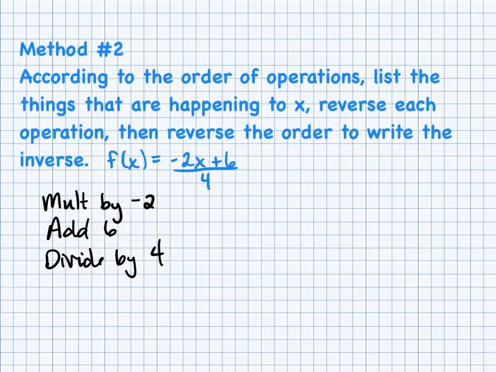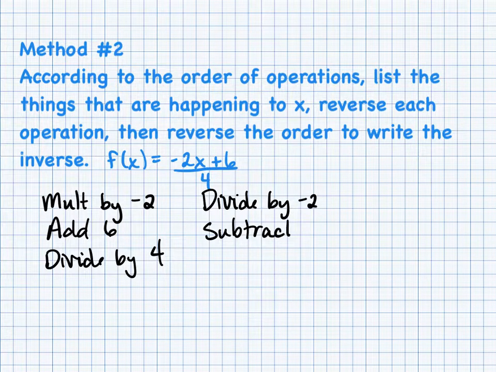So we're going to do the inverse. We're going to list the inverse of all of those steps. Multiplying by negative 2, the inverse would be dividing by negative 2. Adding 6, we're going to subtract 6. And dividing by 4, we're going to multiply by 4. Then we also need to reverse the order.